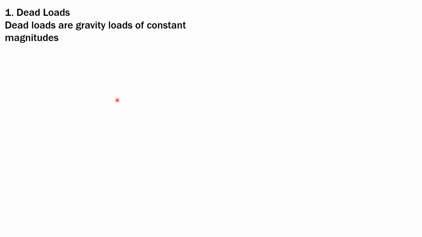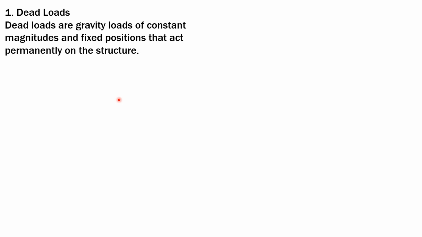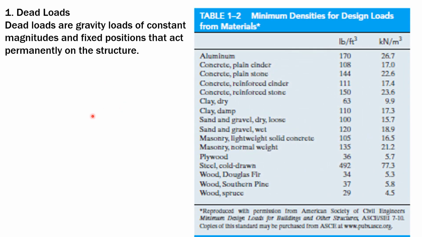These are gravity loads, and those that are permanently attached, such as mechanical devices, fans, ducts for air cons, and so on and so forth. But the most important part of the dead load would be the structural member itself, such as the beams, columns, girders, and so on and so forth.